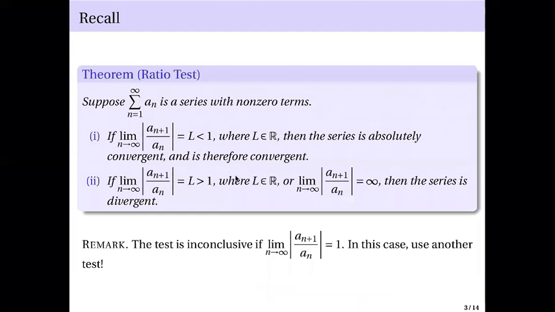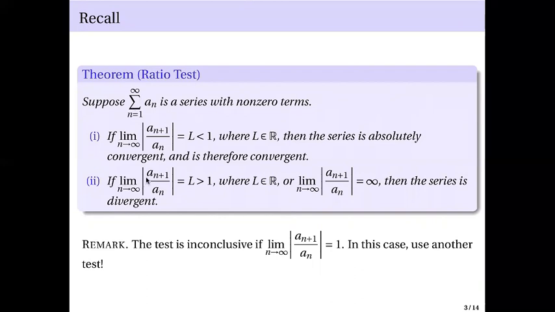Next theorem, we have the ratio test. Suppose now we have a series a_n with non-zero terms. If the limit of the absolute value of the ratio a_(n+1) over a_n is a real number that's less than 1, then this series is absolutely convergent, and therefore this series is convergent.